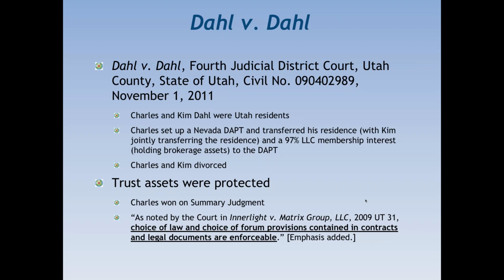The trust assets were protected at the district court level. Charles won on summary judgment. But this was disallowed when he went to the Utah Supreme Court, not because the DAP didn't work, but because the attorney who drafted it drafted it wrong and made it a revocable living trust, which has no asset protection powers.